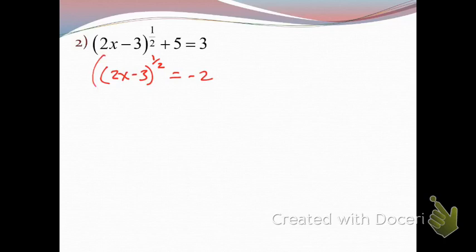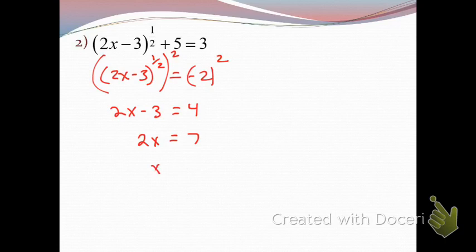And then you're going to square both sides. And now I have 2x minus 3 equals, what's negative 2 squared? 4. Add 3. 2x equals 7. Divide by 2, x equals 7/2.